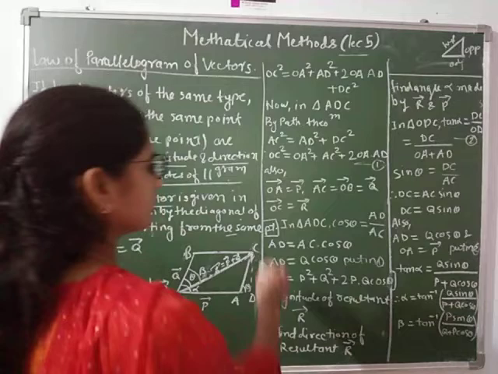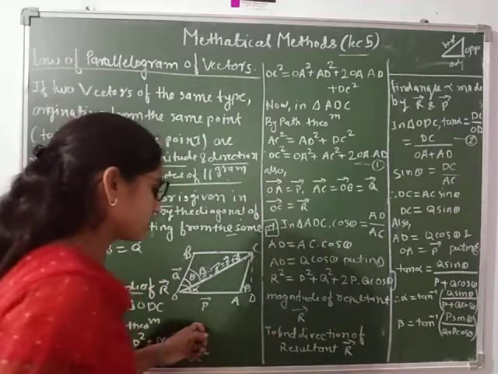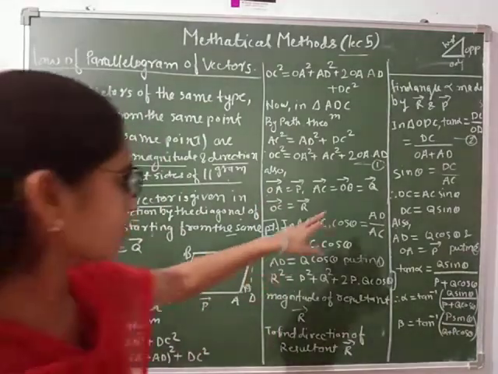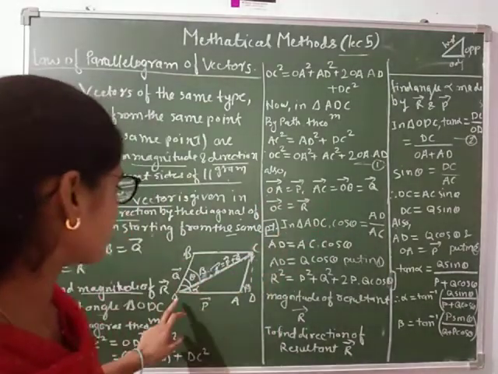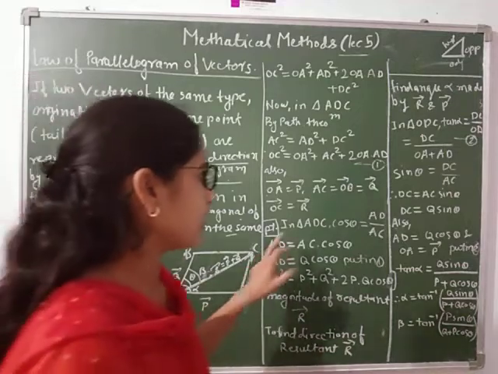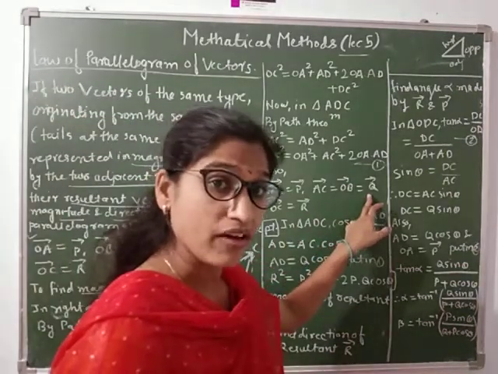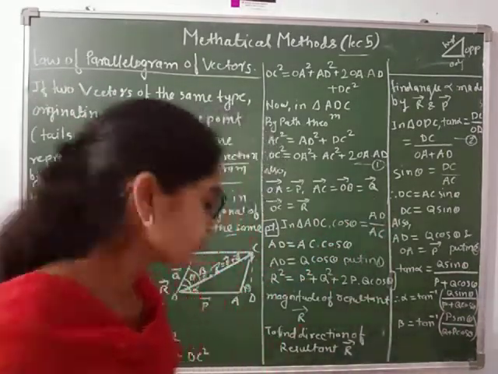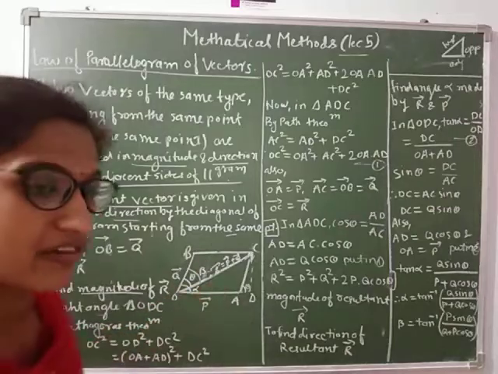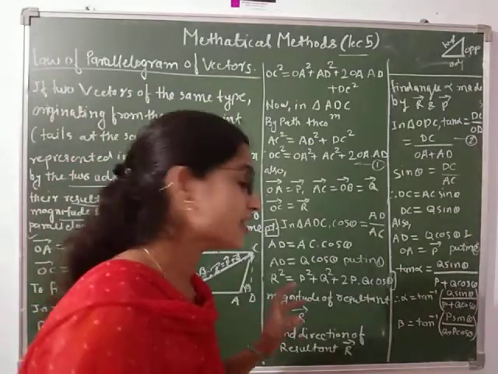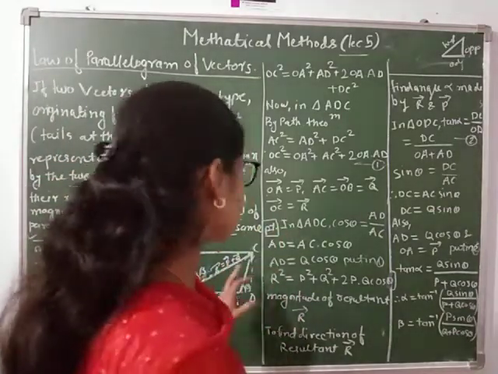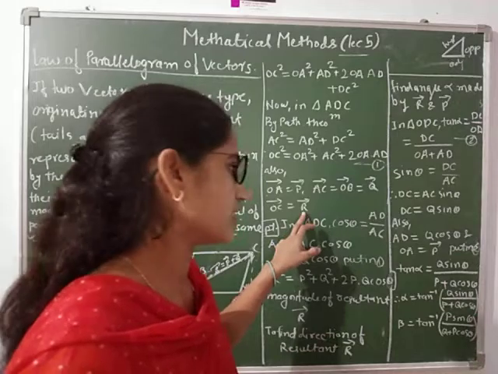Also we know that vector OA is equal to vector P, and vector OB is equal to vector AC, which is equal to vector Q. Why? Because this is a parallelogram and the opposite sides are equal. OC is the resultant vector which is shown by the vector R.